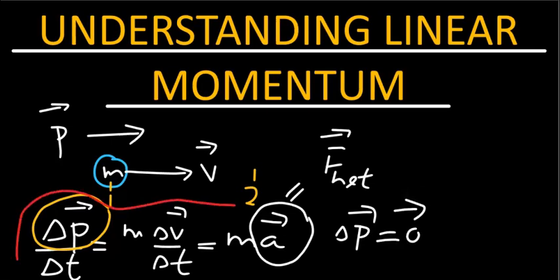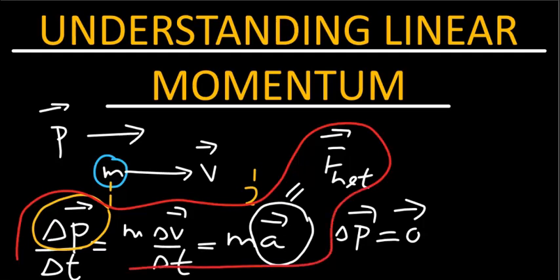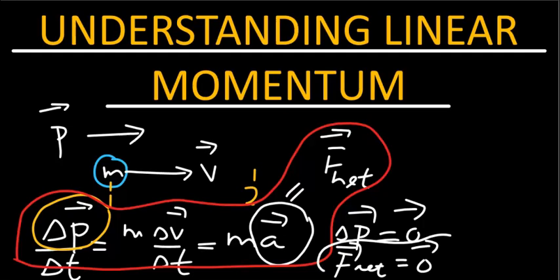All this argument forces us to conclude that there should not be any net force acting on the object as well. So if you want the momentum of an object or a system to be conserved, then that system or the object should not be subjected to any kind of net force or an external force. Only then its momentum will be conserved.